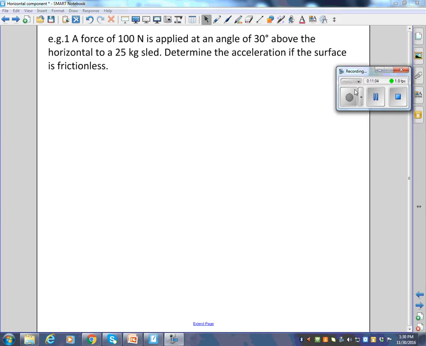I'm just going to keep adding steps. So stay with me. Here's how we do it.